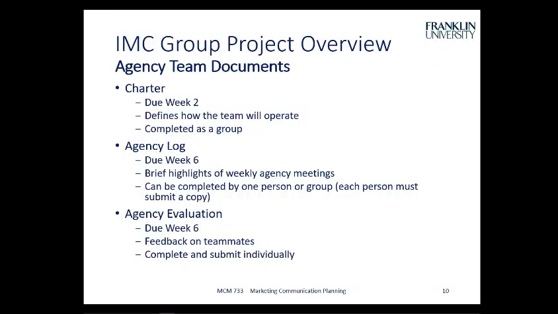A lot of times groups will have one person who's the primary editor for the assignment that gets submitted, and they'll be responsible for doing final edits and submitting the assignment. It's just how you want to work together. We'll leave that up to you, but it's good to write it down and have that to refer back to.